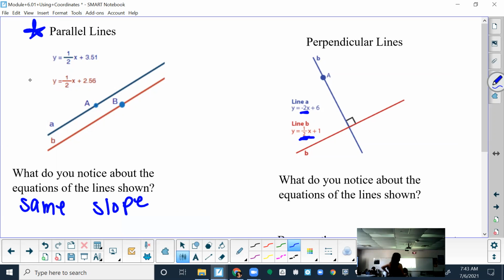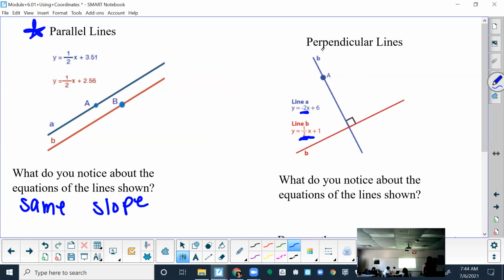Even if the slope was slightly different, if it was like 0.5 and 0.51, they will intersect. But since they're exactly the same, then they're never going to intersect, so that's what makes them parallel. So if I took away these lines, you couldn't see them, but I gave you the equations, you should be able to tell me that those are parallel.